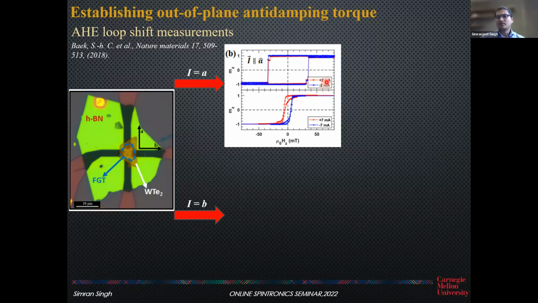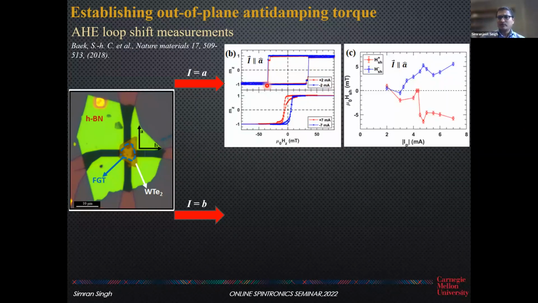When we apply a small current, positive or negative, the loops more or less overlap each other. But when we apply a large enough charge current, we see a shift of the anomalous Hall loops to either positive or negative, depending on the current polarity. If we plot the shift of these loops as a function of current, we see a very nice threshold kind of behavior, which splits up. This is a signature of the presence of an out-of-plane anti-damping torque acting on the FGT.